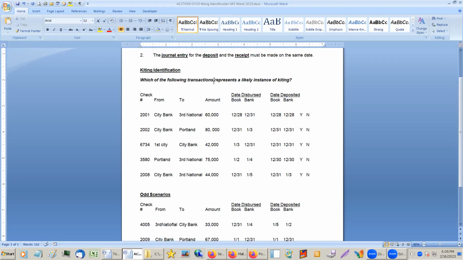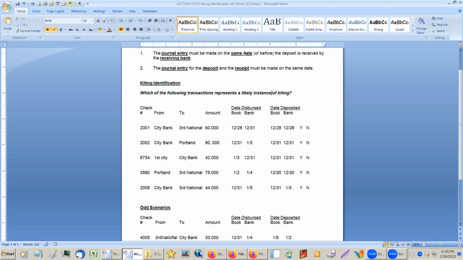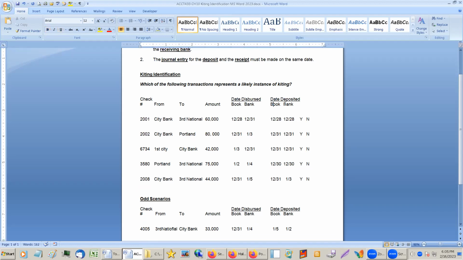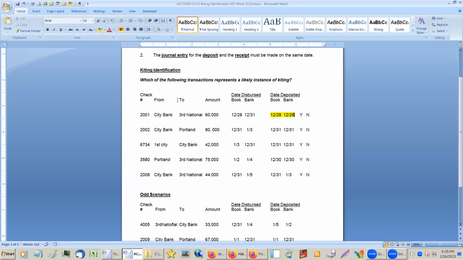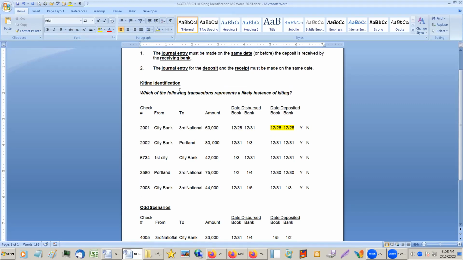Well, let's go through the first one. Journal entry must be made on the same date or before. So, okay, here's the book and here's the bank. So is that one okay or not okay? What do you think about that?